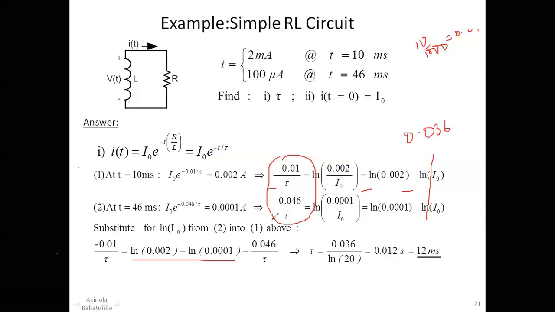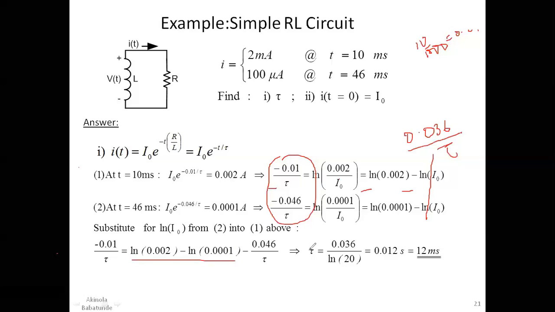So eventually you have minus 0.01 over tau here, and minus 0.046 over tau here. That's before they carried out this operation. If you carry out that operation by bringing these to the other side, it becomes plus, and once you subtract, you have 0.036 over tau.